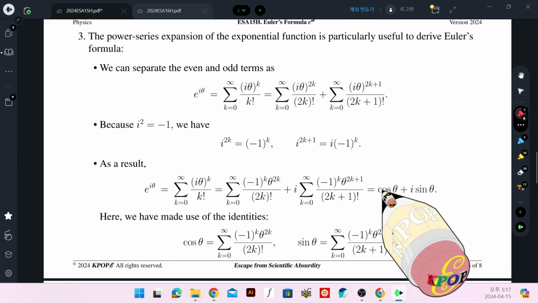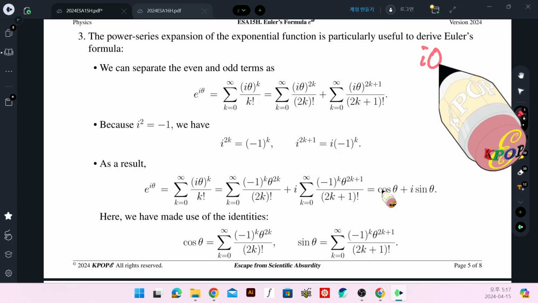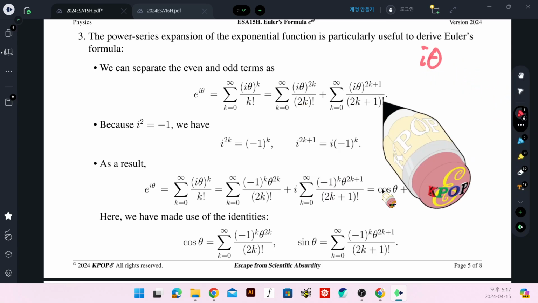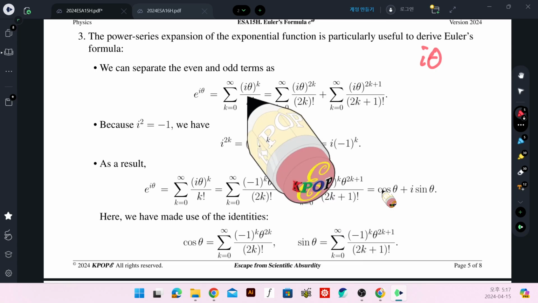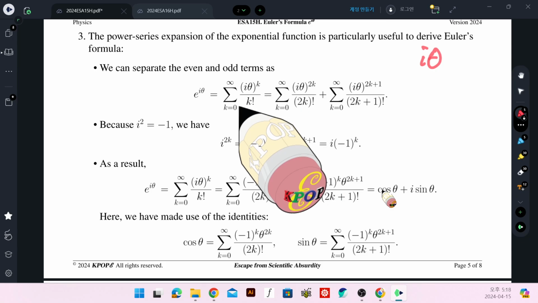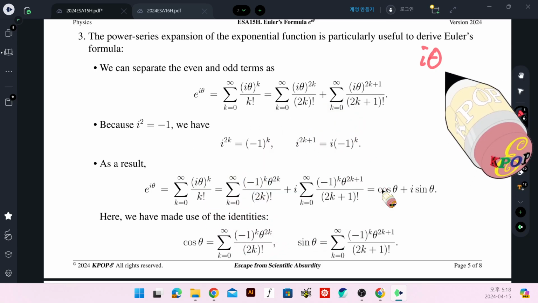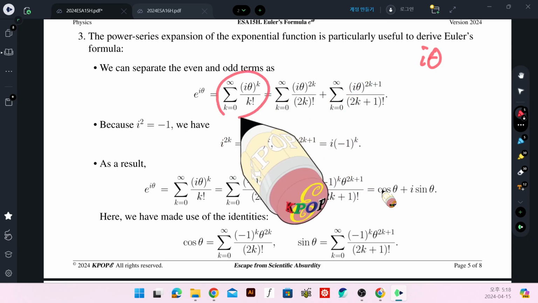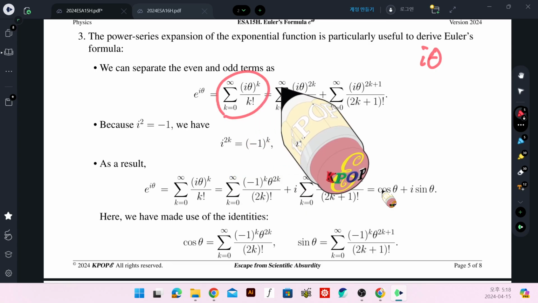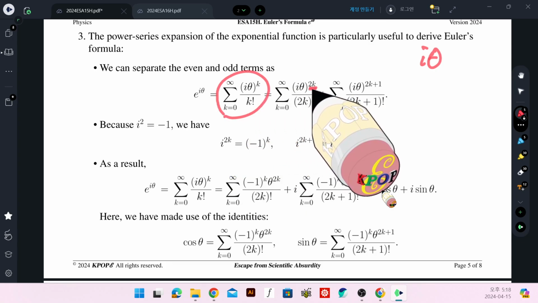Next, we extend this one by substituting i theta for the x in the expression for the exponential function. The power series expansion gives a very simple expression. We divide this into two pieces with the even powers.